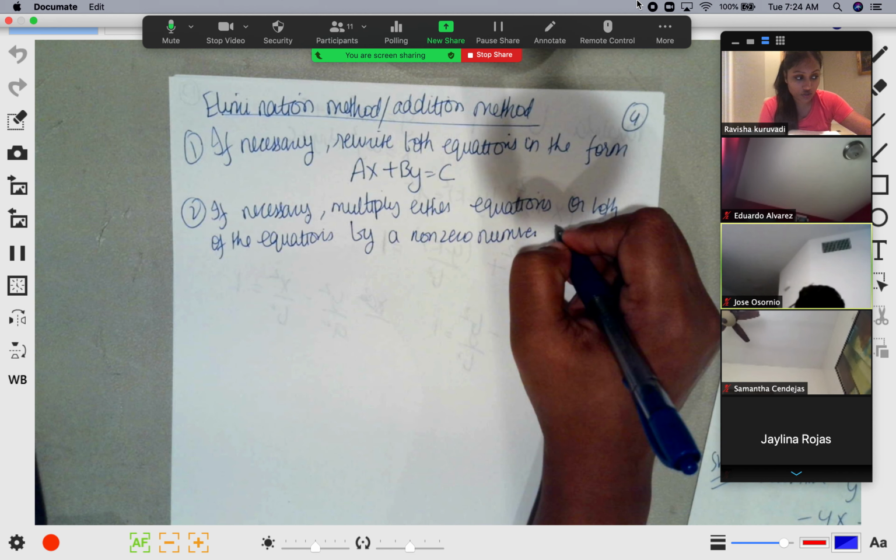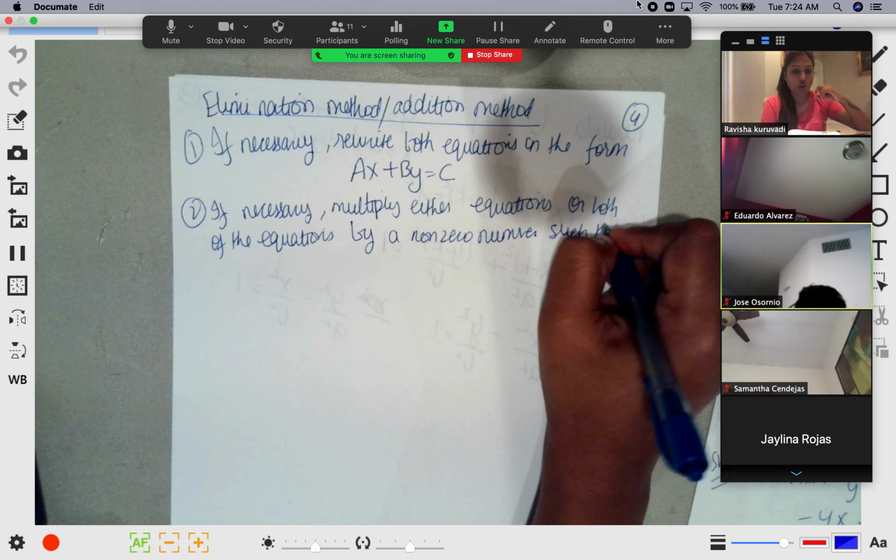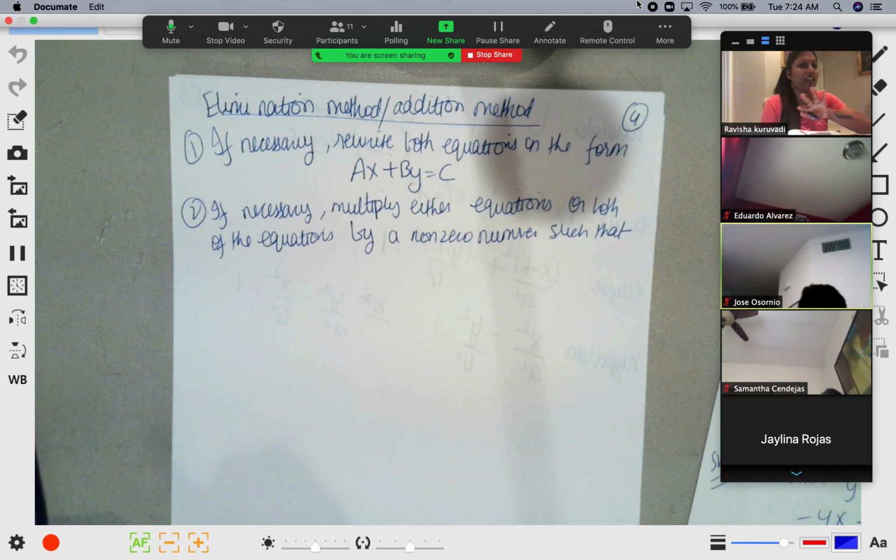You can multiply with any number you want except 0, but you have to do it in such a way that either the sum of x coefficients is 0 or the sum of y coefficients is 0.